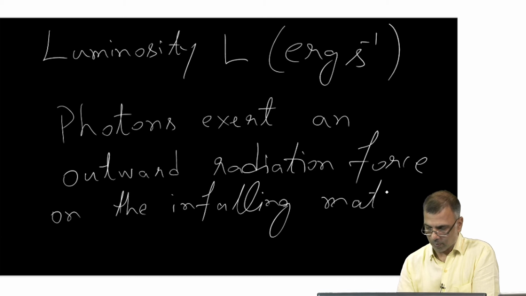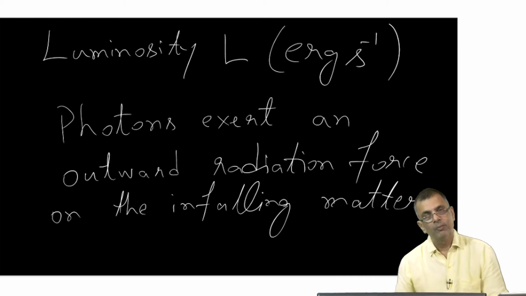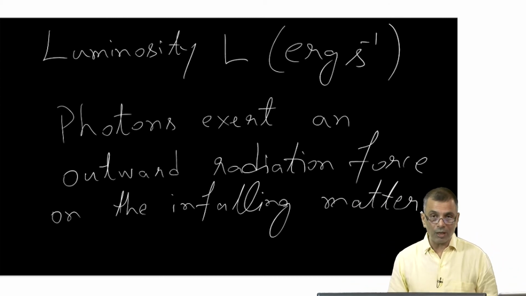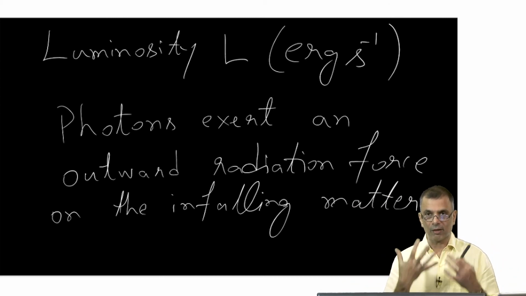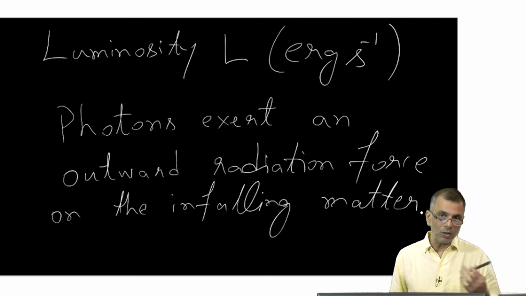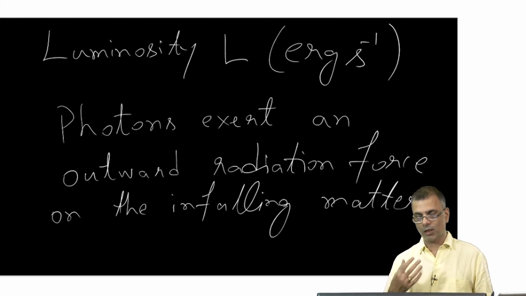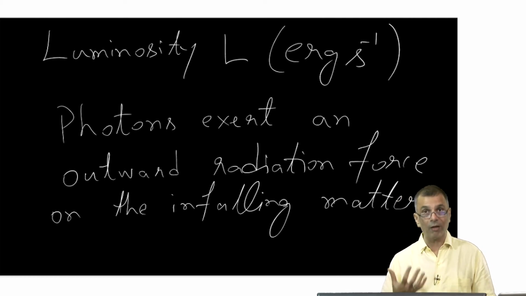So, the point is, you are accreting stuff because you want to extract the gravitational potential energy. And suppose you are able to do that. Somehow, as we will discover, the way in which gravitational potential energy is extracted is via viscosity.